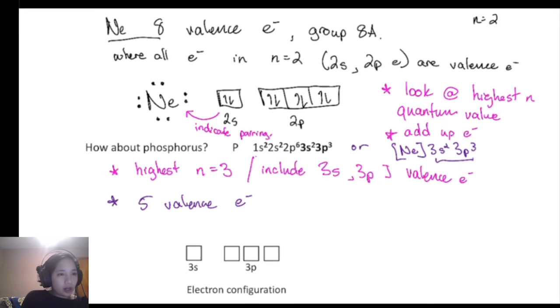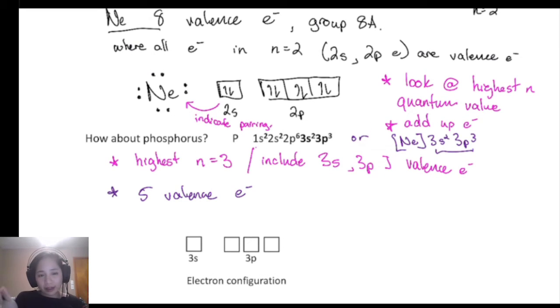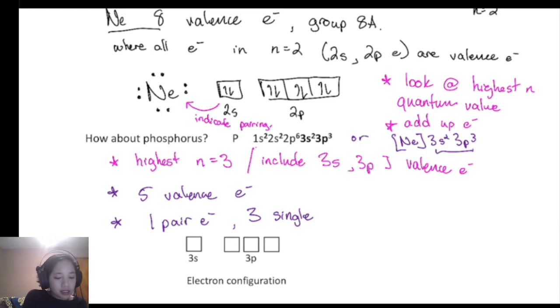As written, there is a single pair of electrons, so one pair of electrons and then 3 single electrons. This is evident by writing out an electron diagram of the valence electrons.